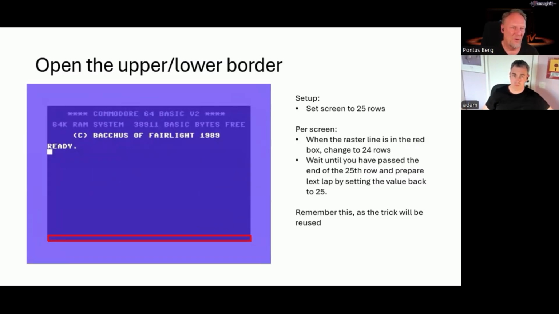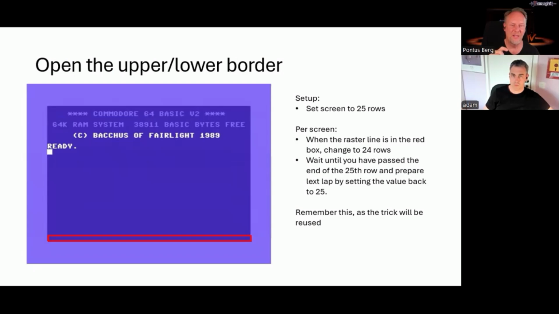Okay, so if we open the upper and lower border, you first set up the screen to 25 rows, and then you have the raster pointer point beyond row 24 into row 25, and then you change to 24 rows. So the D011 register changes to 24 rows.